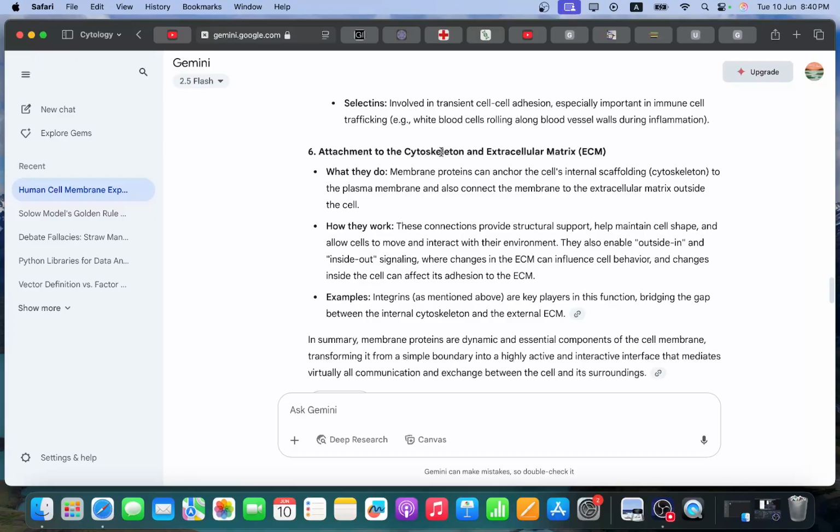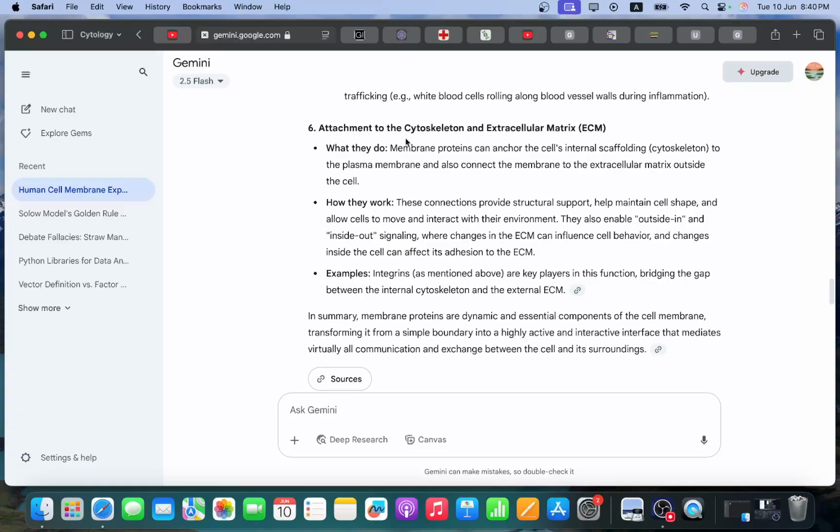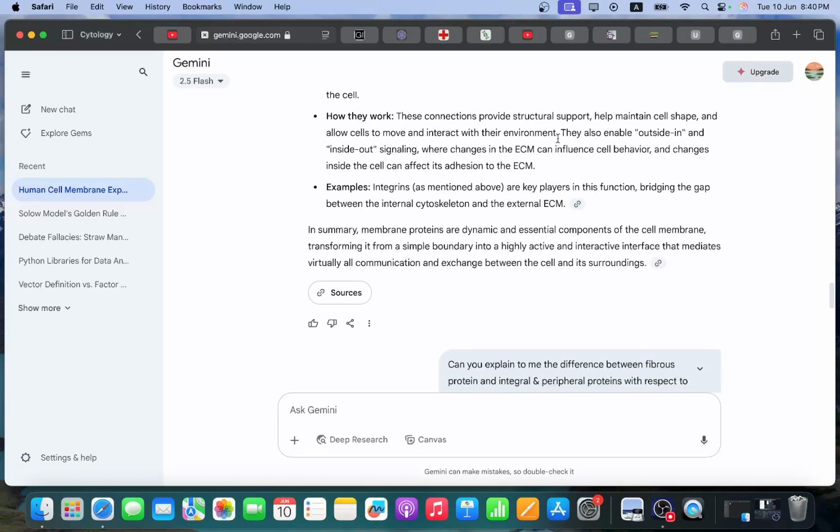Attachment to the cytoskeleton or extracellular matrix, ECM. Membrane proteins that can anchor the cell's internal scaffolding to the plasma membrane and also connect the membrane to the extracellular matrix. How they work? Structural support helps maintain cell shape and allows cells to move and interact with the environment.